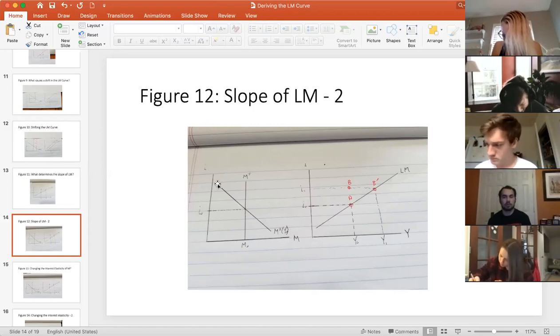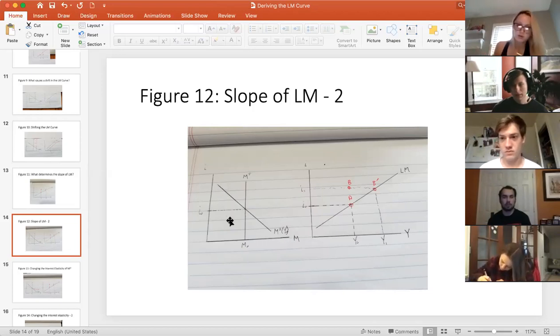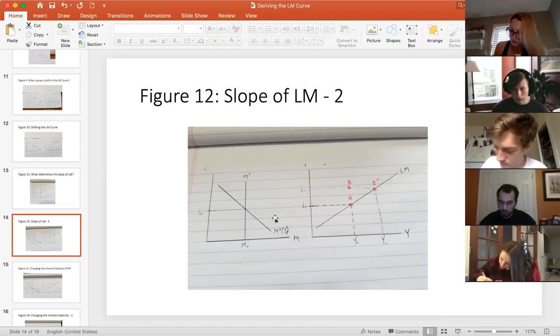Your reasoning is exactly right, but I think it becomes flatter for that reason. Because say a decrease in the interest rate, instead of causing money demand to go from here to here, an increase in the elasticity is going to cause it to go out here, right?